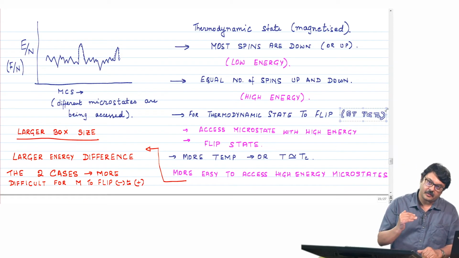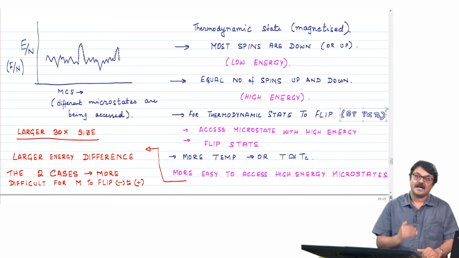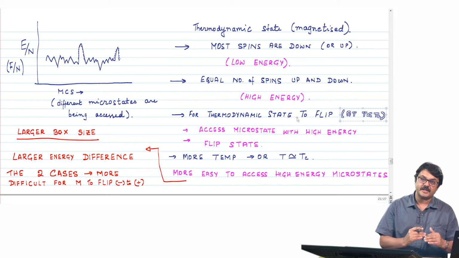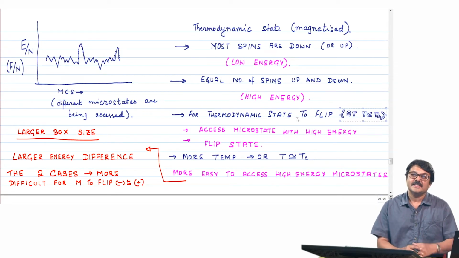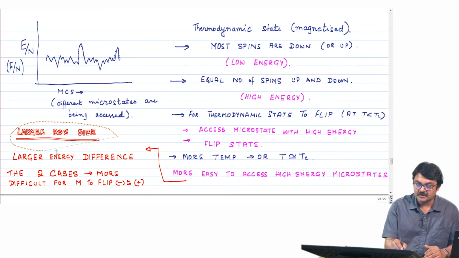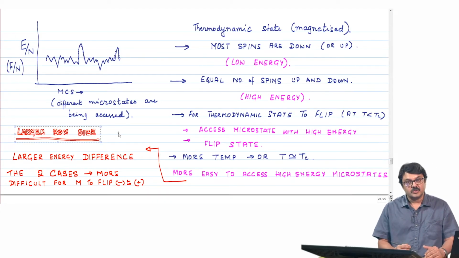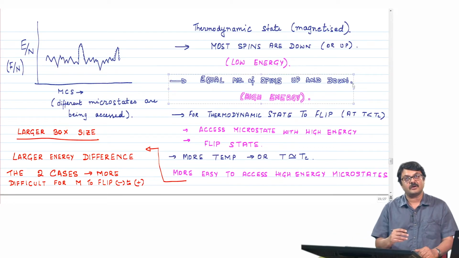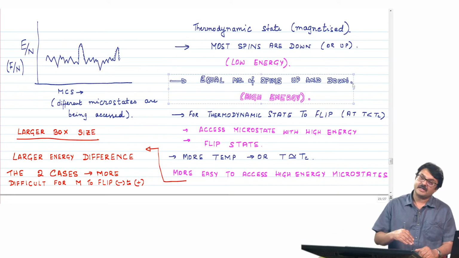Now, when the system has to access the higher energy state, where half of the spins are up and half are down, the energy difference between the low energy microstates and the higher energy microstates is much higher if you have a much larger box size. So, the amount of energy that the system has to absorb from the external heat bath is much higher, and hence accessing these high energy microstates with equal numbers of spins pointing up and down becomes much less frequent.